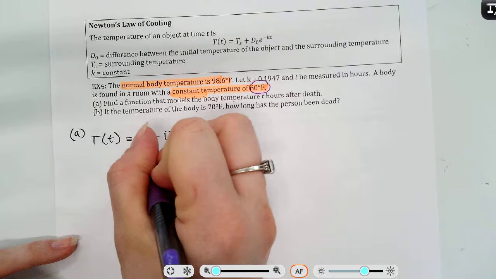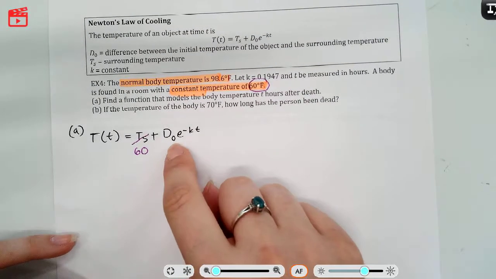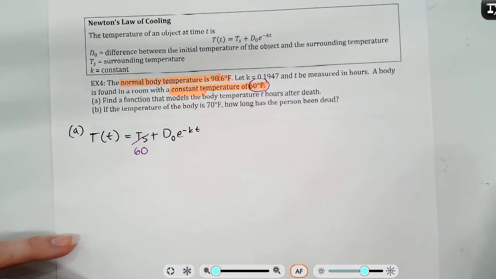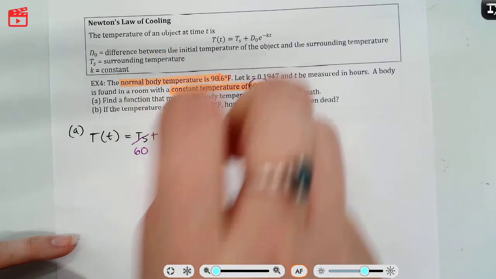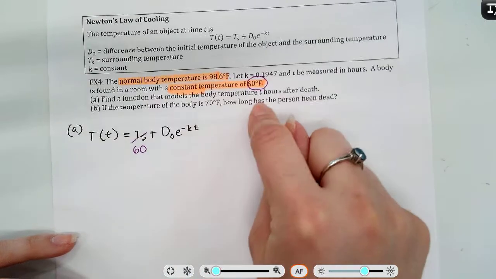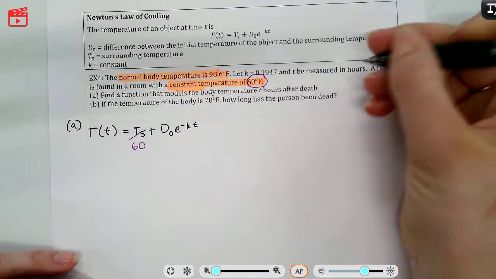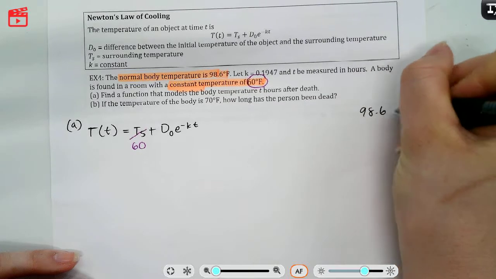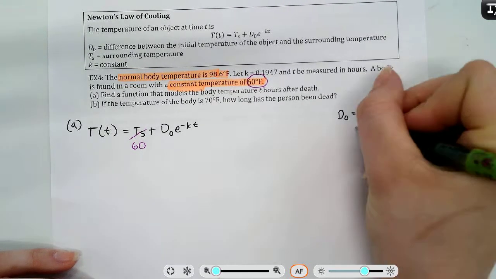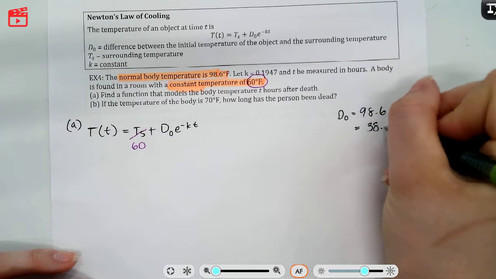D sub 0 is the difference between the initial temperature of the object and the temperature that it's found in. So that's going to be 98.6 minus 60. That's the difference between the two of them. So that's going to be 38.6.